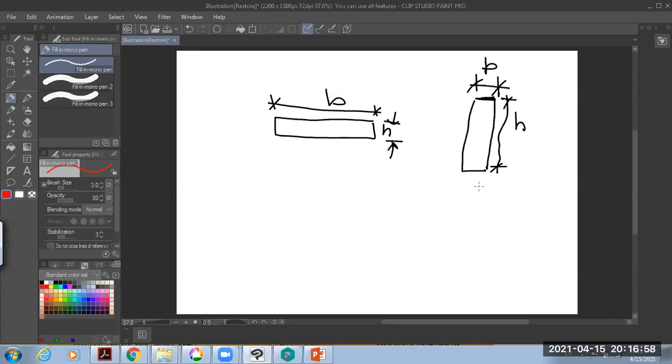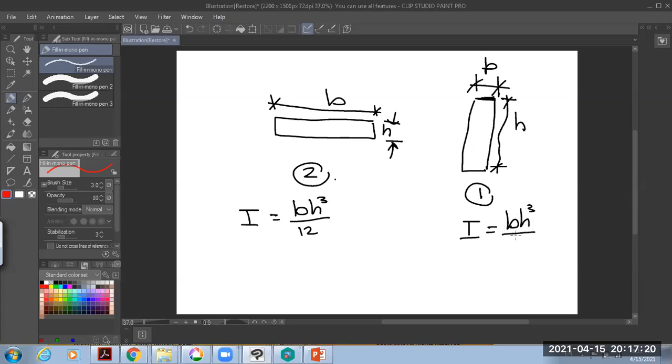The moment of inertia for case number 2 equals B H cube divided by 12, and for case number 1 equals B H cube divided by 12 with the dimensions swapped. Which one has more moment of inertia? Case number 1 has more inertia than case 2.